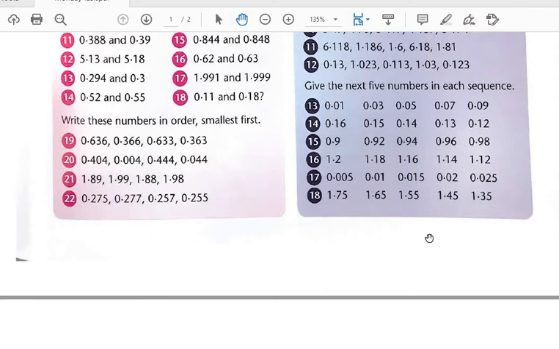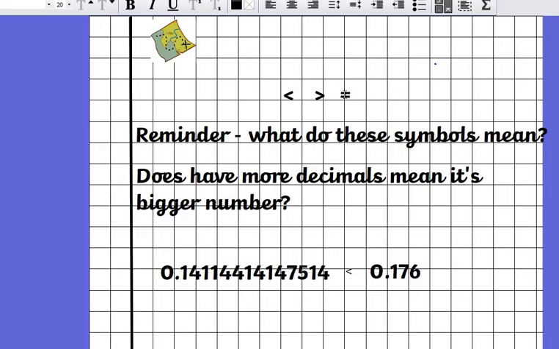Remember that you've got your place value chart in front of you. You've got your decimal point. You've then got your tenths, then your hundredths and thousandths. Make sure you've got that in front of you.